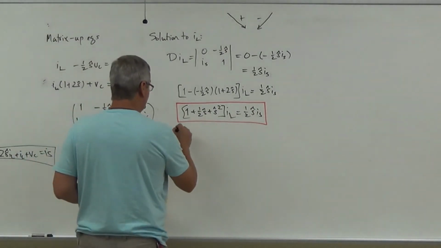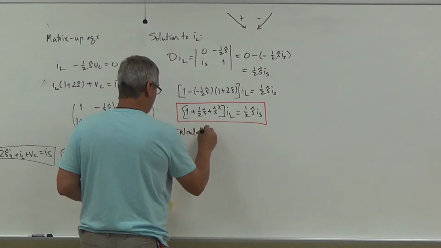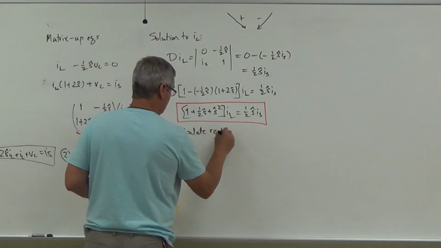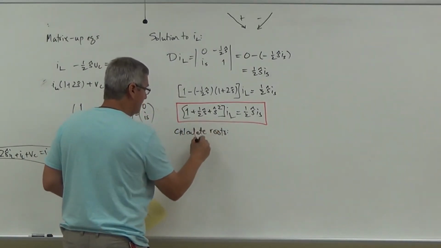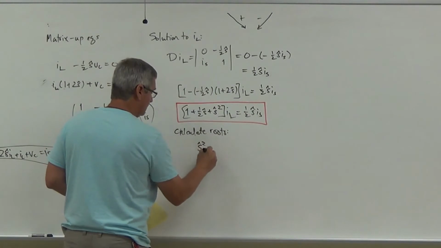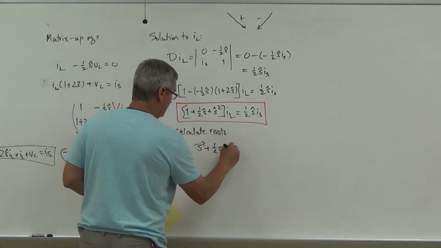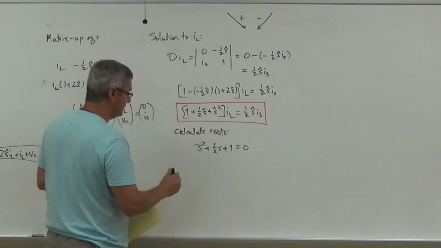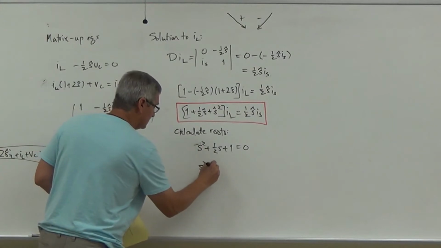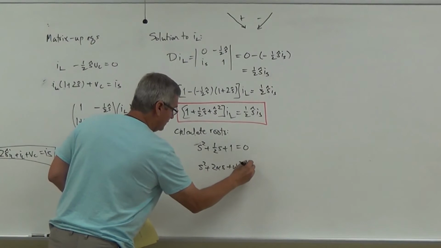Okay, so my roots go like this. So this equation gives me, whereas my other equation should be s squared plus 2 alpha s plus omega naught squared equal to 0.